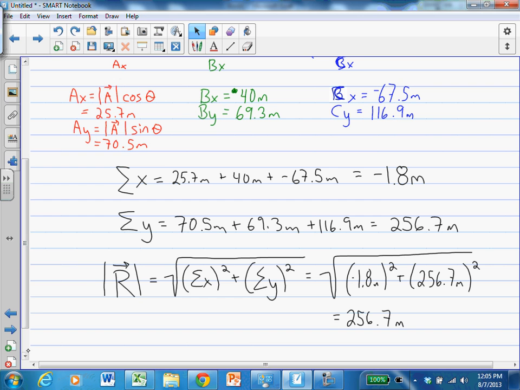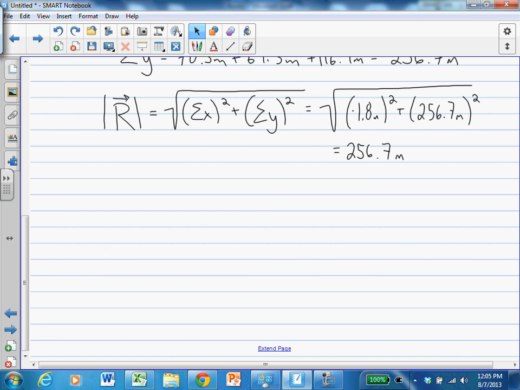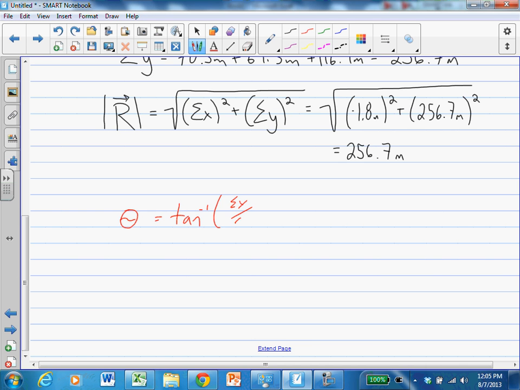Now theta for the direction would be the tan inverse of the sum of the y's over the sum of the x's. So we have a huge y and a little negative x. So our overall is going to be up like that.